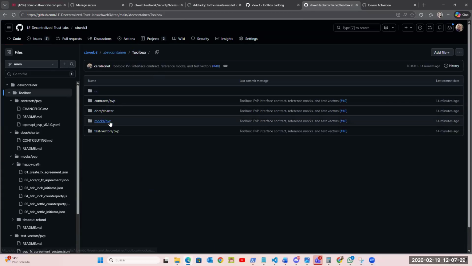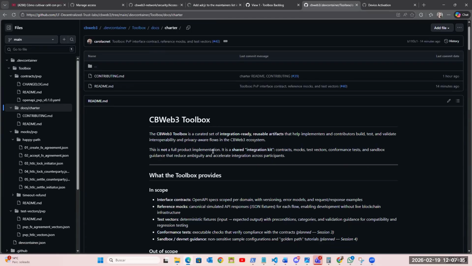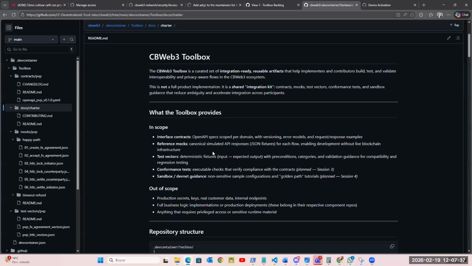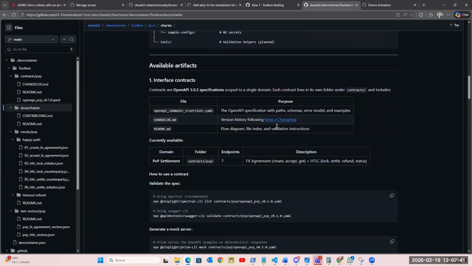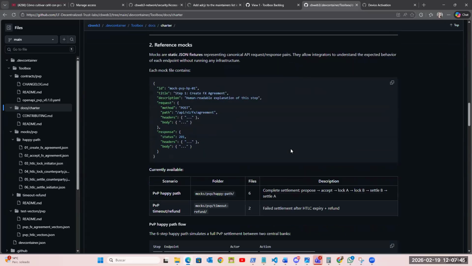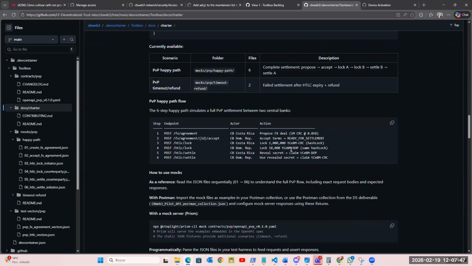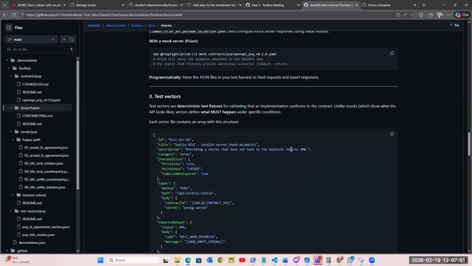But I think you need to start here in Docs Charter, so you can find exactly what we are providing to you, what the structure is, and the structure of those artifacts and reference mocks. So you can use that to help the project.